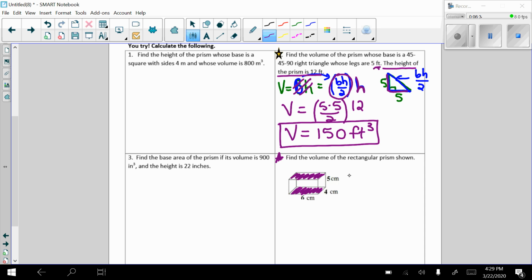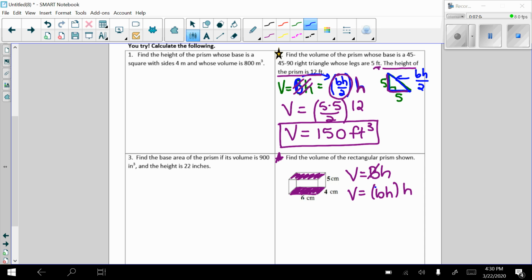Again, we start out as we always do. We write our formula. But remember that B, we're going to replace that. The shape of our base is a rectangle. And we know to find the area of a rectangle, we do base times height of that rectangle, times the height, in other words, the distance between the two bases.